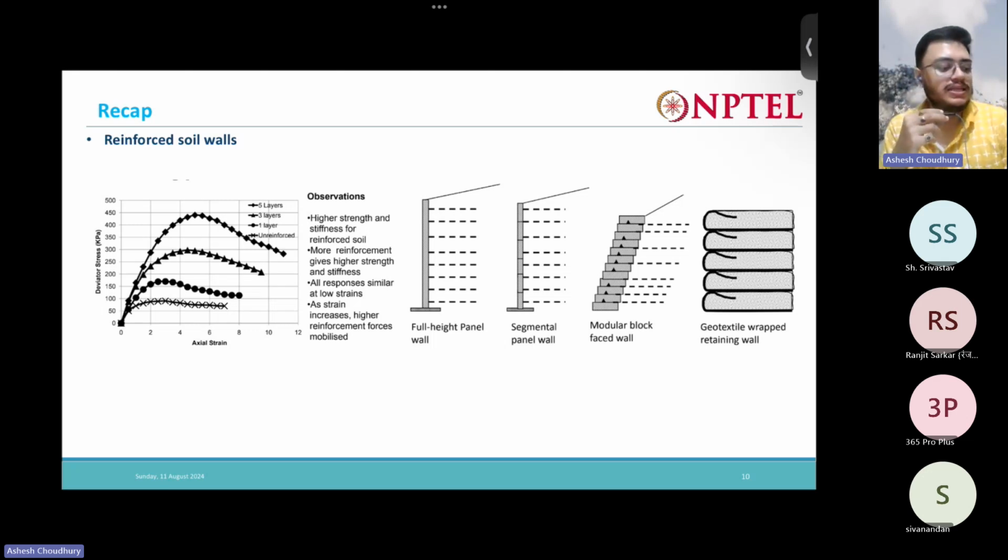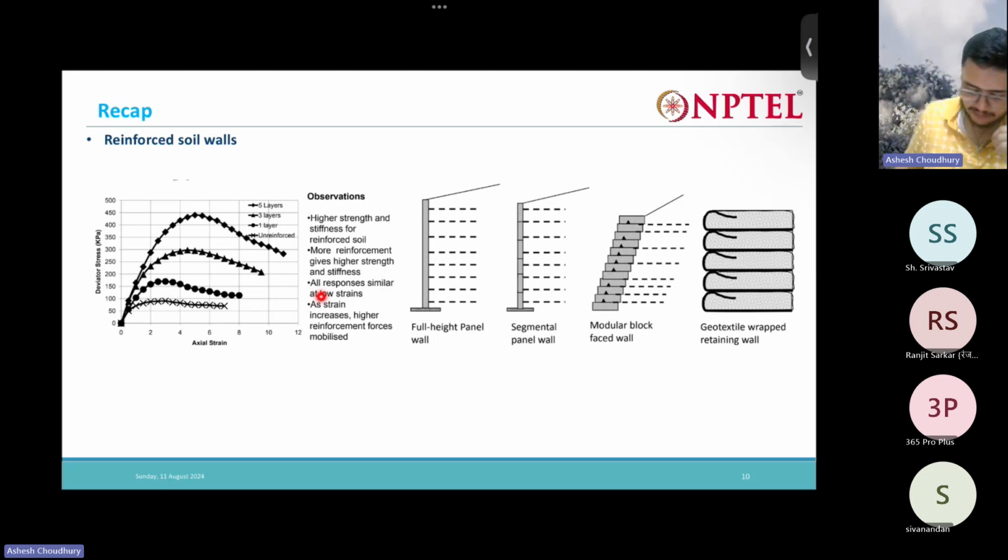Now one more, in the previous class also I asked this question. In this class, today's session also, I will be asking the same question. Please see the third point. All responses have similar behavior at low strains. So why does it have similar behavior at low strains?